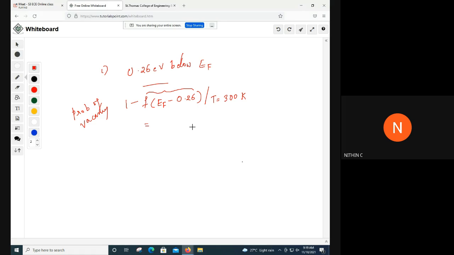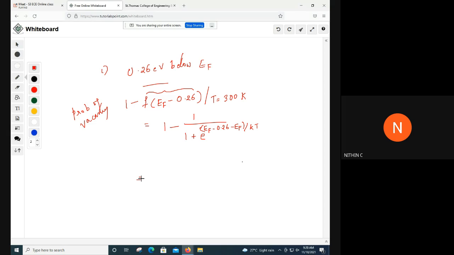Either you can simplify that, and after that you can do. See, it can be written as 1 minus f of EF minus 0.26. It will be 1 by 1 plus e raised to (EF minus 0.26 minus EF) by KT.